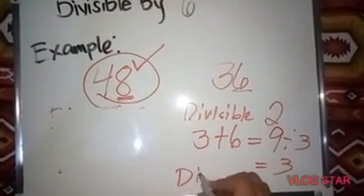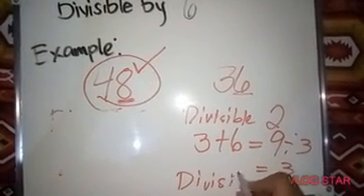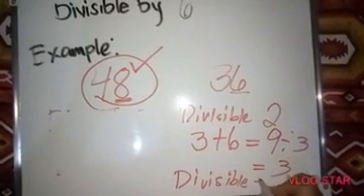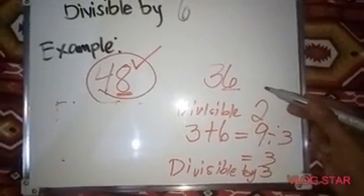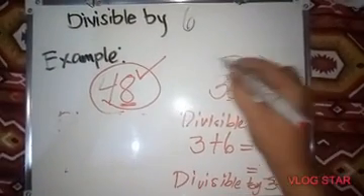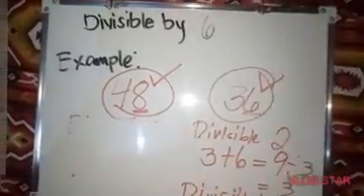So 36 is divisible by 3. Since 36 is divisible by 2 and 3, 36 is divisible by 6.